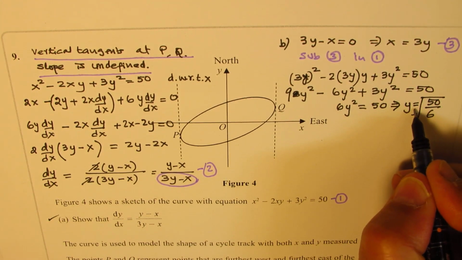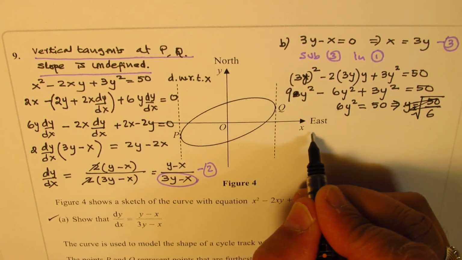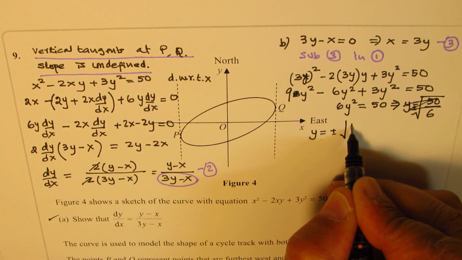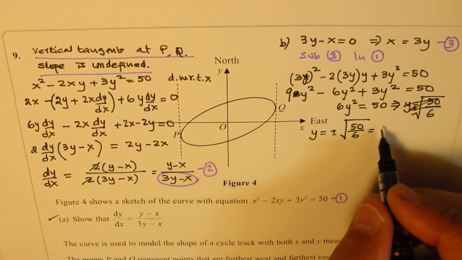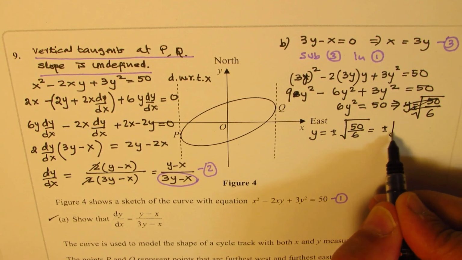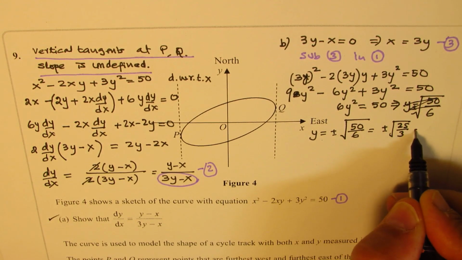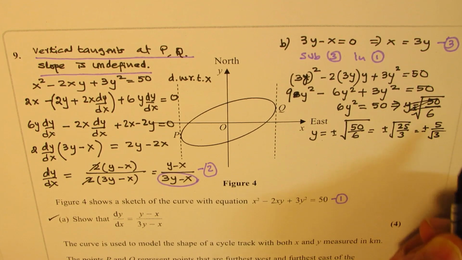And whenever you do a square root, you get plus and minus, right? So let me write down here. So we get y equals plus and minus the square root of 50 divided by 6, or plus and minus the square root of 25 divided by 3, which is plus minus 5 over square root of 3.